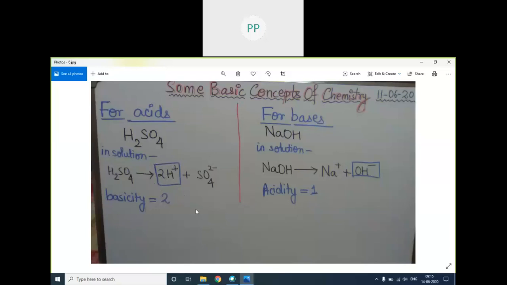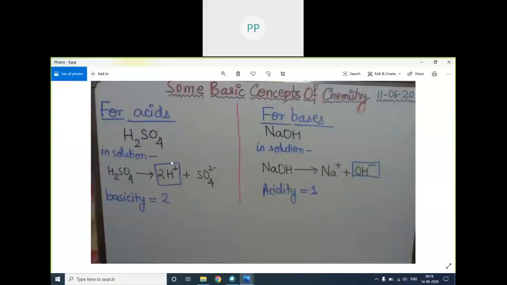Similarly for bases, for example NaOH. NaOH in solution will give 2 ions, Na plus ion and OH minus ion. So acidity in the case of bases will be equal to the number of OH minus ions that the base will give in solution. Acidity means how many OH minus ions it will give, and basicity means how many H plus ions it will give.